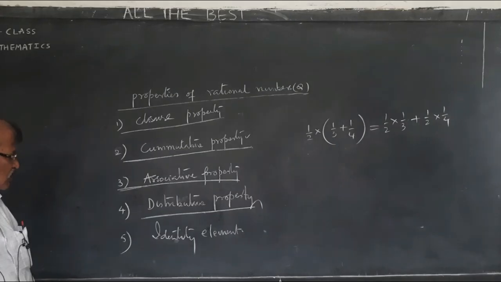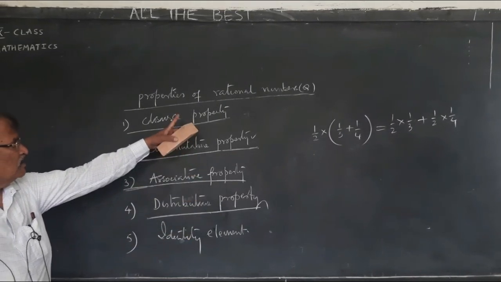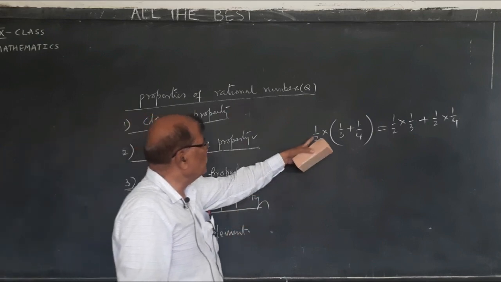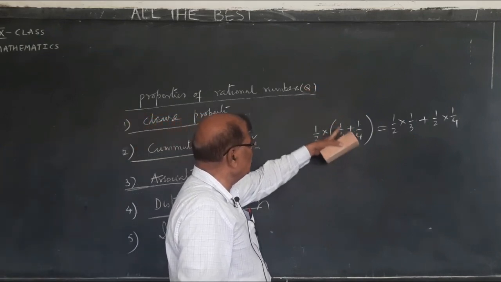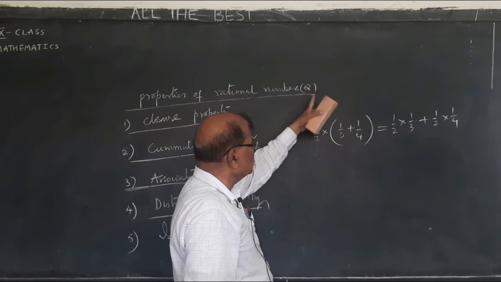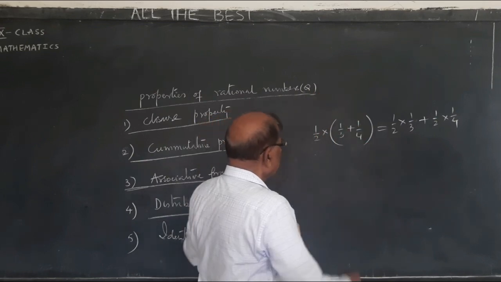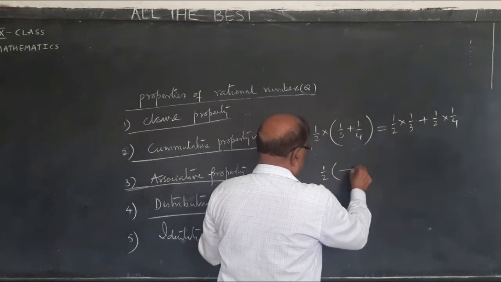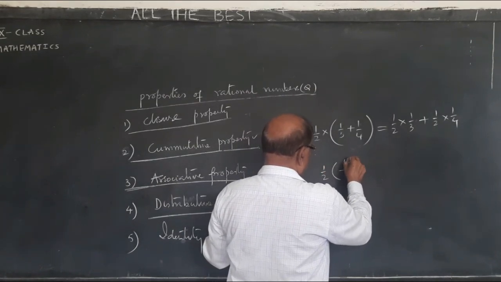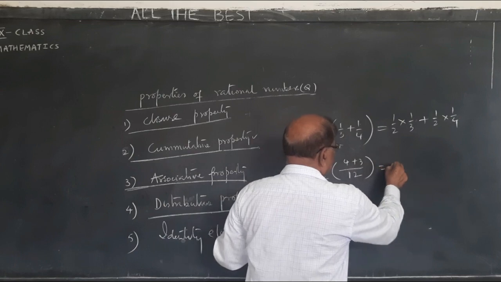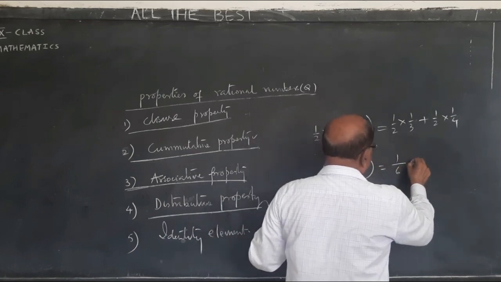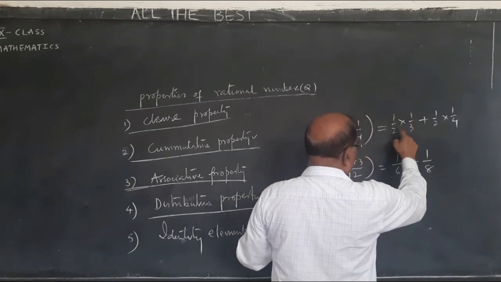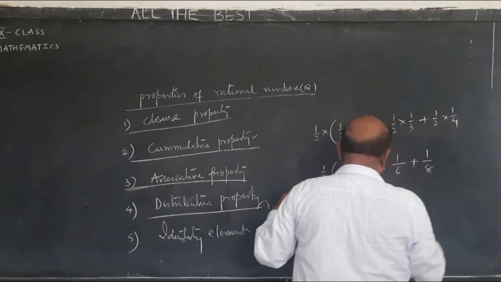The distributive property in rational numbers: 1/2 belongs to Q, 1/3 belongs to Q, 1/4 belongs to Q. So let us see the result. 1/2 into 1/3 plus 1/4, LCM is 12, this is 1/6 plus 1/8. 1 1s are 1, 2 3s are 6, 2 4s are 8.